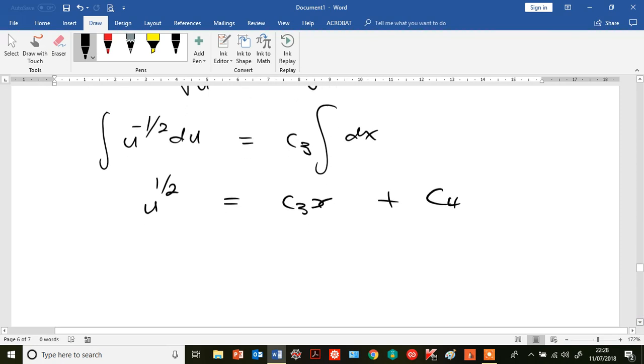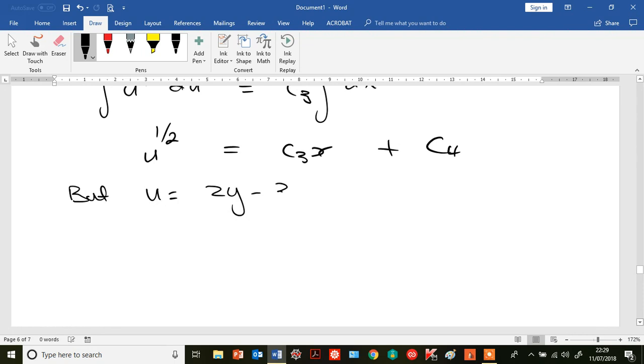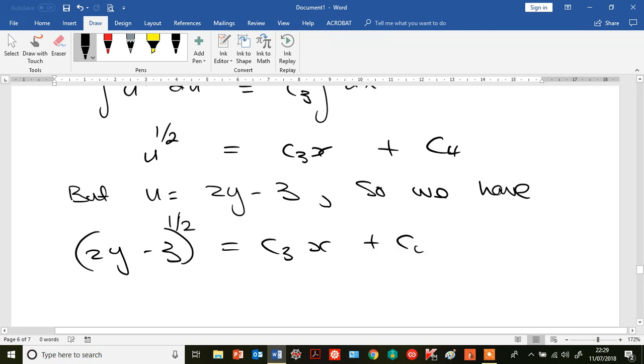Now, we know what u is because u is equal to 2y minus 3. So we have 2y minus 3 all to the power of half equals C3x plus C4.